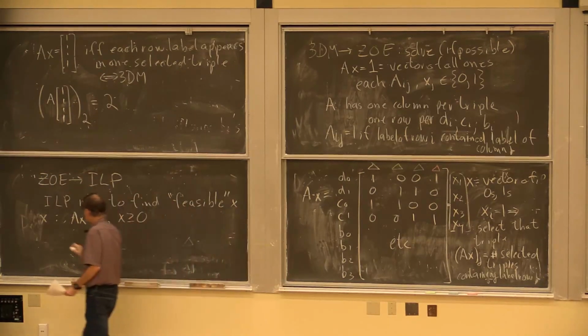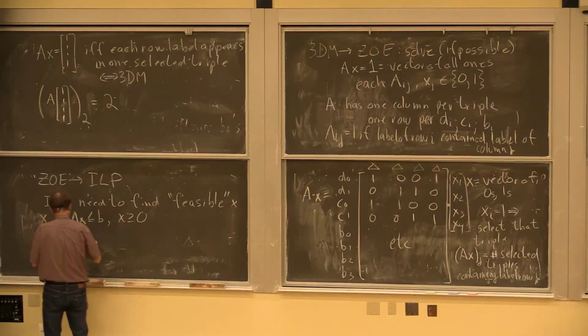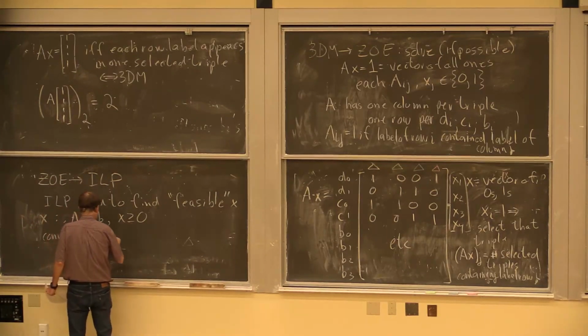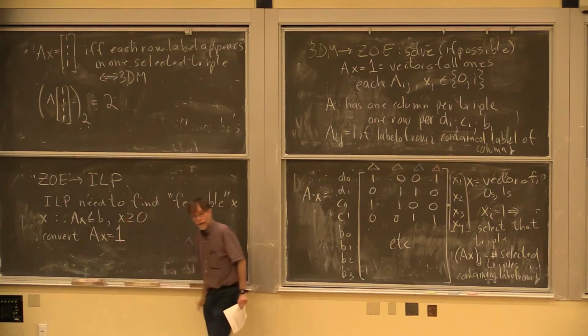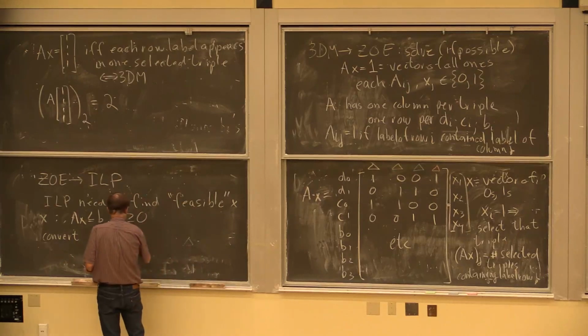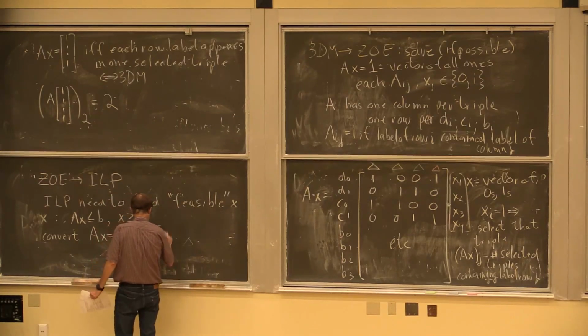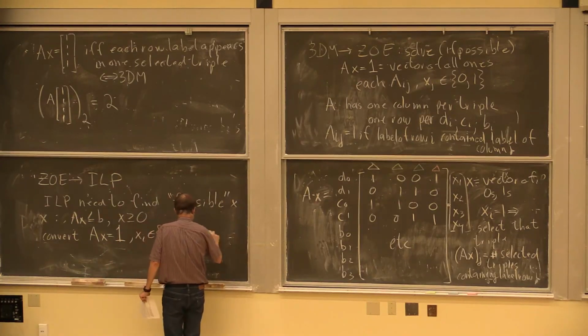So what I'm going to do is convert ax equals the vector of all ones. So let me just write big 1, that's the vector of all ones, where all of the x sub i's are restricted to be 0, 1 to inequalities.